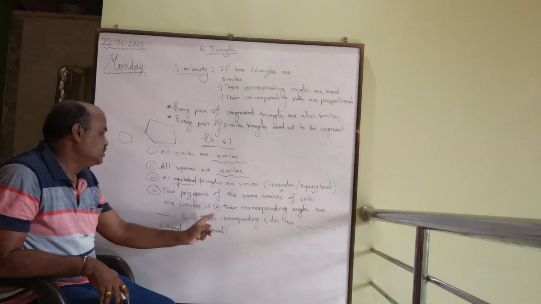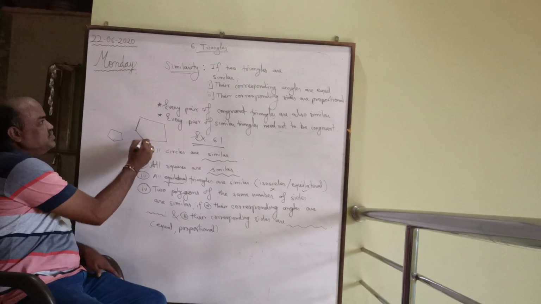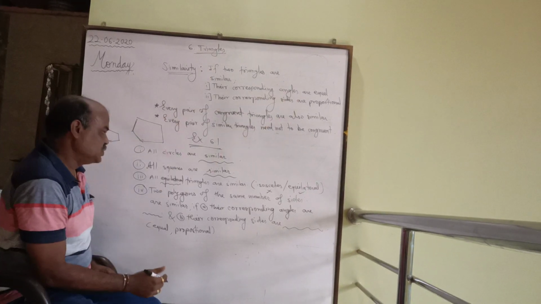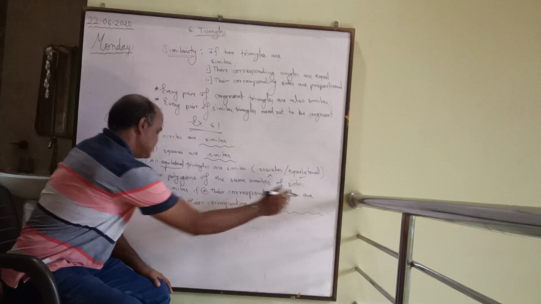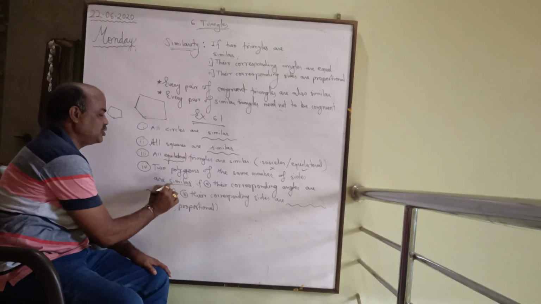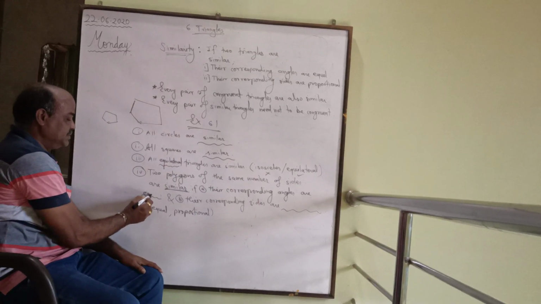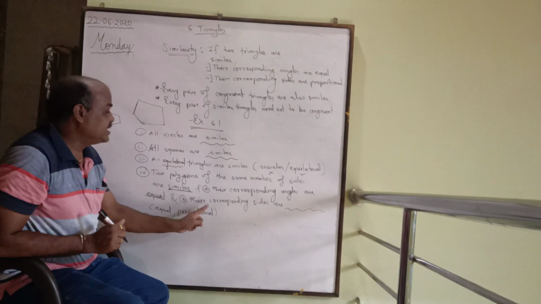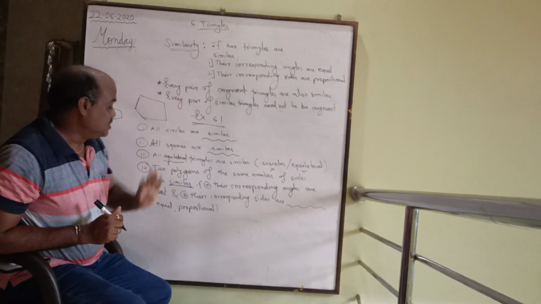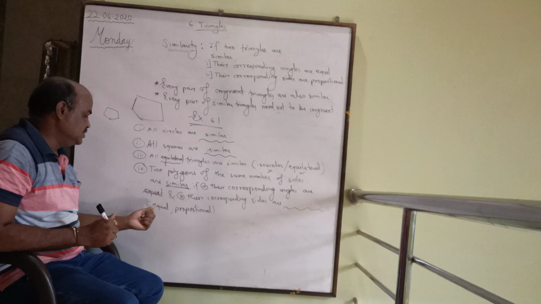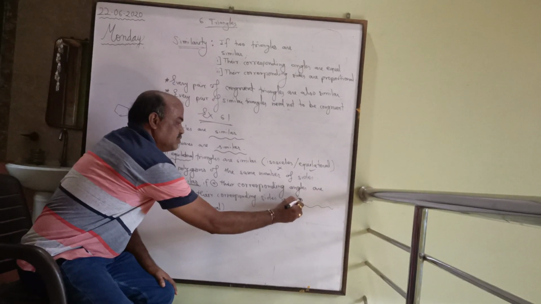Their corresponding angles must be equal, because these two polygons are similar. Their corresponding sides are proportional. So equal in the first one and proportional in the second one.